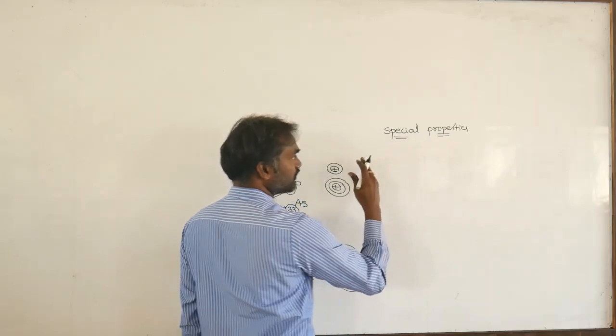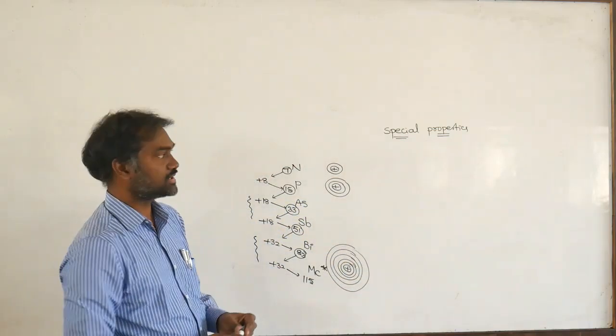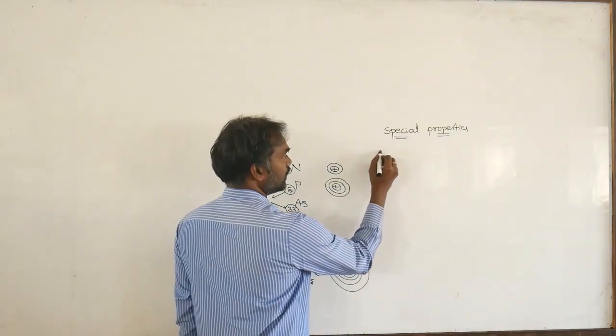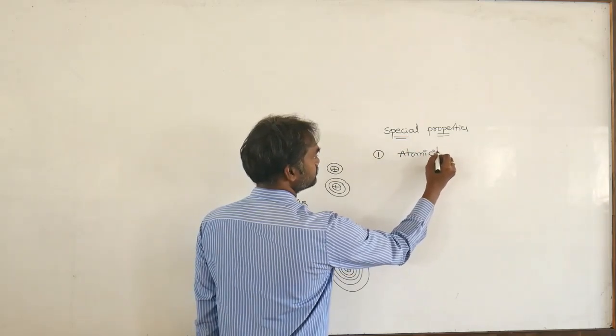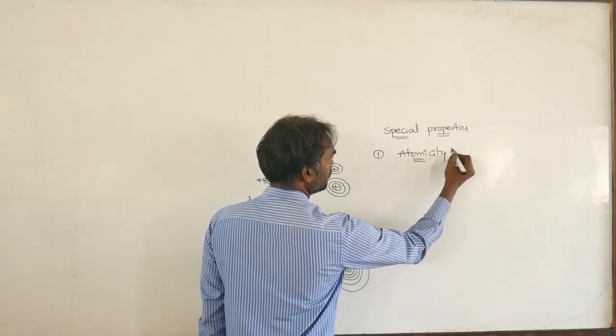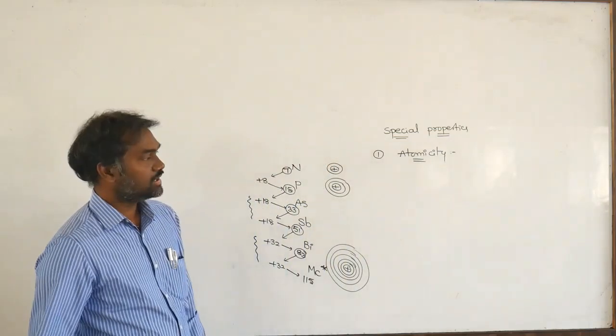So in every group from here onwards, 15th group onwards, there are some special properties. What are those? Atomicity.